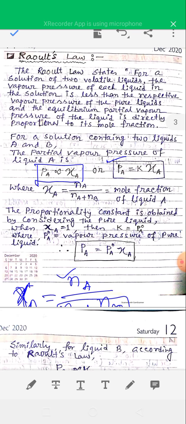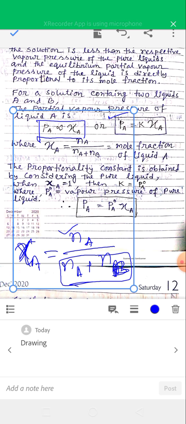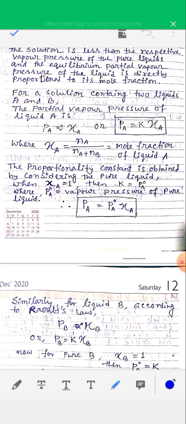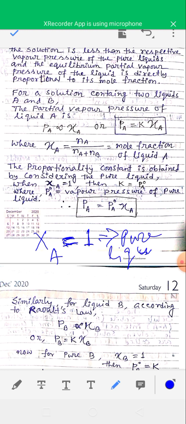Now if the value of Xa is 1, that means the mole fraction of A is 1. If the mole fraction of A is 1, it indicates pure liquid A. So when the mole fraction of liquid A is 1, it indicates pure liquid.